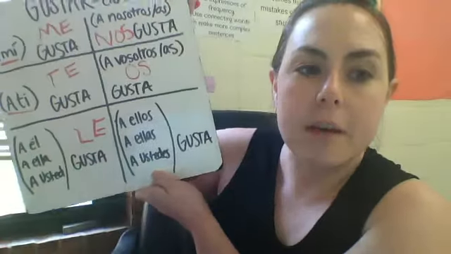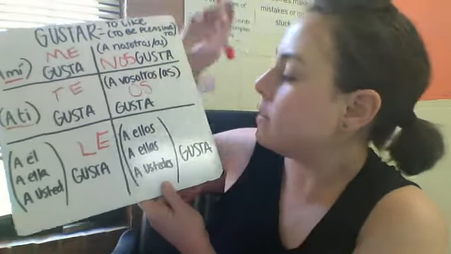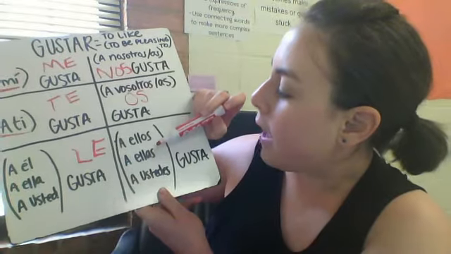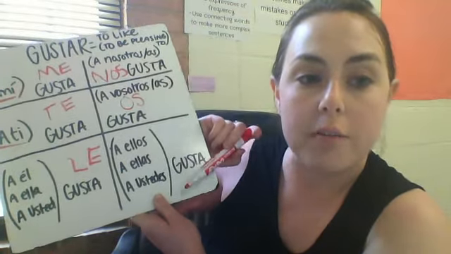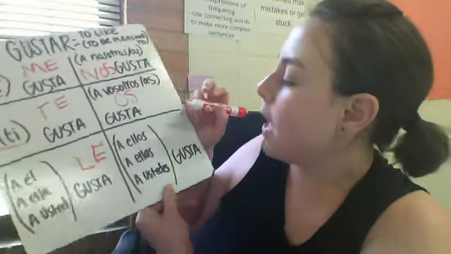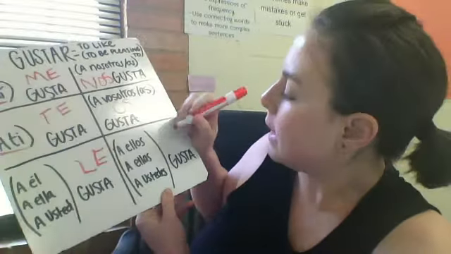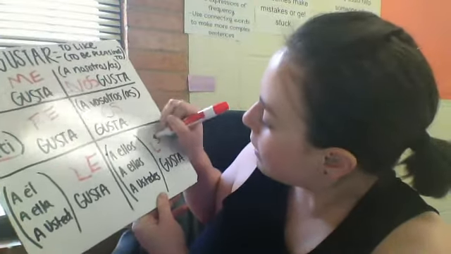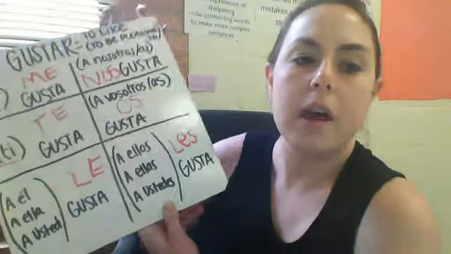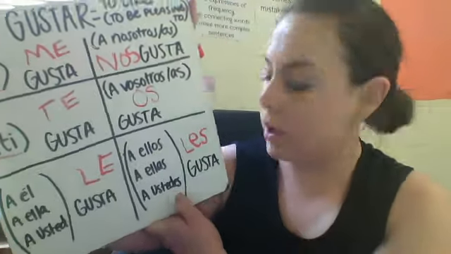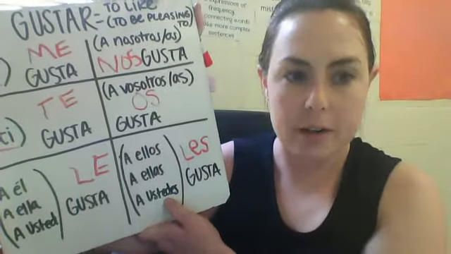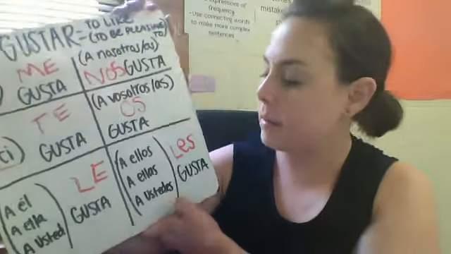And finally, the bottom part for the they section, a ellos or a ellas, or you all if I'm not in Spain. A ellos, a ellas, or a ustedes les gusta, L-E-S. Les gusta means they like, or you all like if you're not in Spain, or you all formal if you are in Spain.